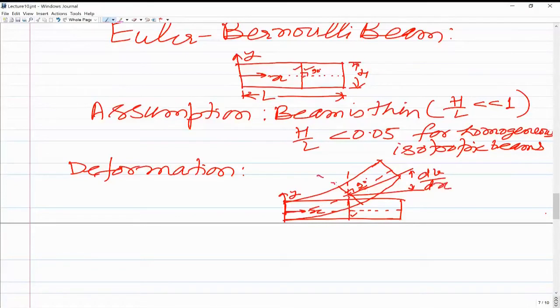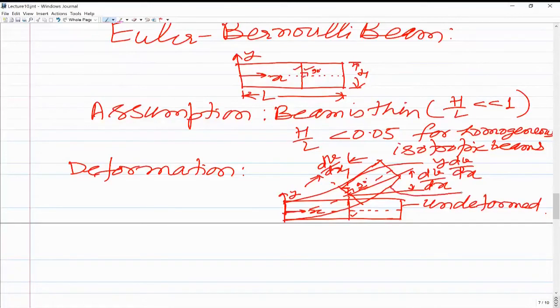Similarly, the angle between the initial orientation of the normal and the deformed normal is dv by dx. If I take any point over here, this particular distance is going to be y into dv by dx. So this is the undeformed configuration, and this is the deformed configuration.